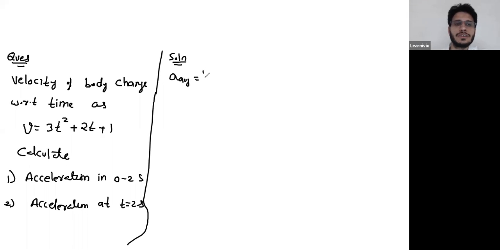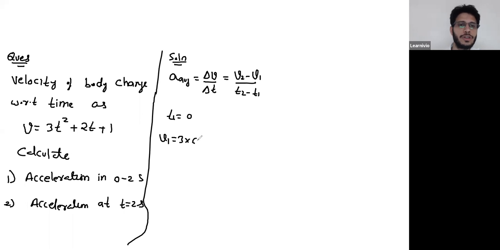Average acceleration is change in velocity over time. Yes, Sania, it's correct. So we can write this as V2 minus V1 over T2 minus T1. Here T1 is 0, so V1 is 3 into 0 square plus 2 into 0 plus 1, so V1 is 1 meter per second.